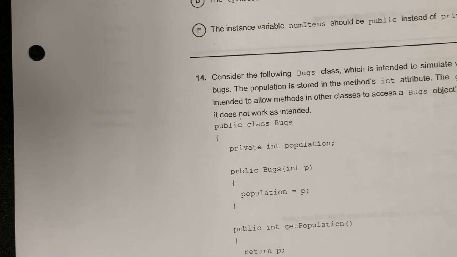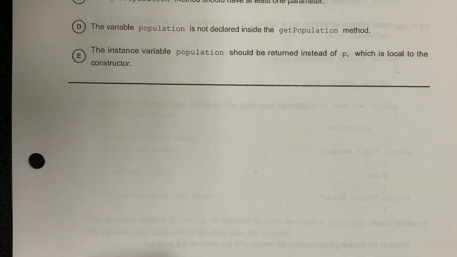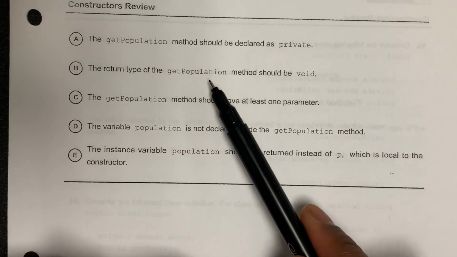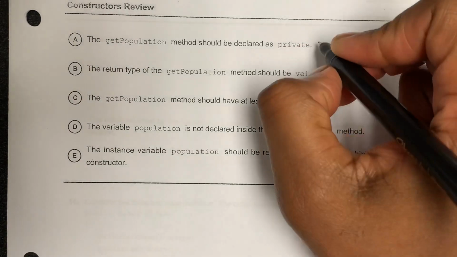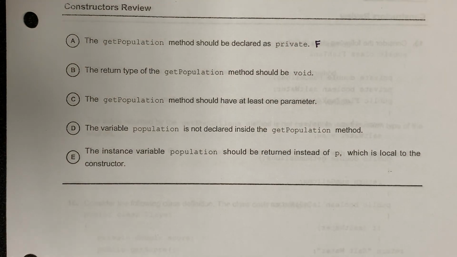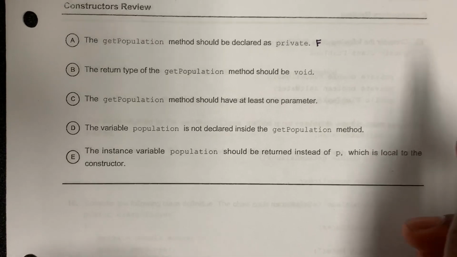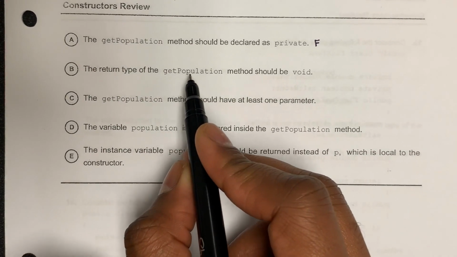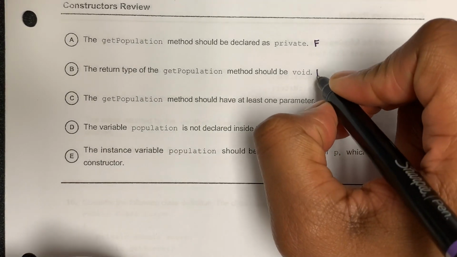So if we look at our options, A, the getPopulation method should be declared as private. That's going to be false because methods generally need to be made public so they can be used by other classes. B, the return type of the getPopulation method should be void. That's going to be false.